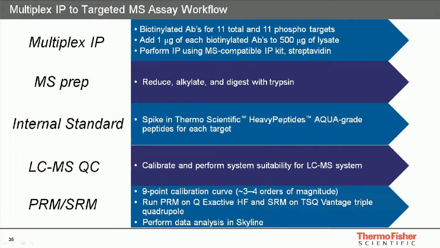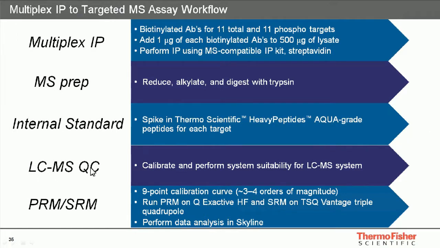After you get the IP eluate, you do the mass spec sample prep, where you reduce, alkylate, and digest with trypsin to generate peptides. At the peptide level, you add internal standard, spiking in the Thermo Scientific heavy AQUA grade peptide for each target, so you know exactly how much internal standard you are adding.